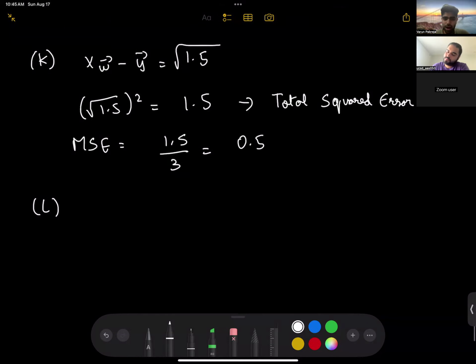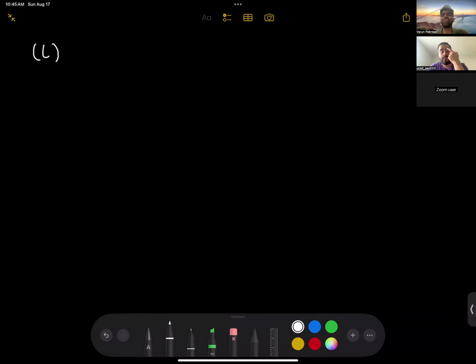And for part L, we're evaluating the hypothesis function that we have so far. So we're looking at, is this the best hypothesis function? And is there a better one, or is there a single best one or multiple best ones? This is essentially the process of solving the normal equations, which is looking at X transpose XW equals X transpose y and getting the value of w from this.